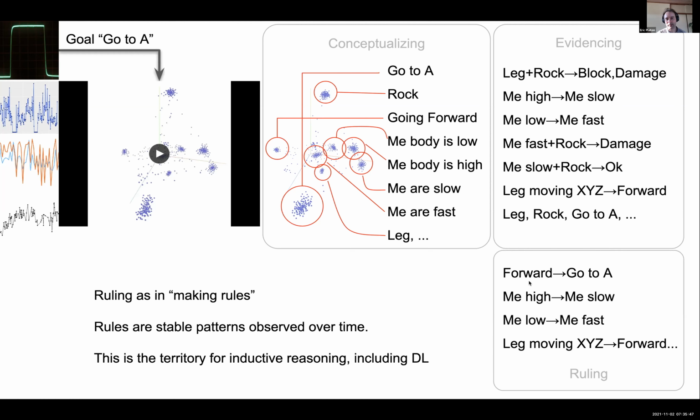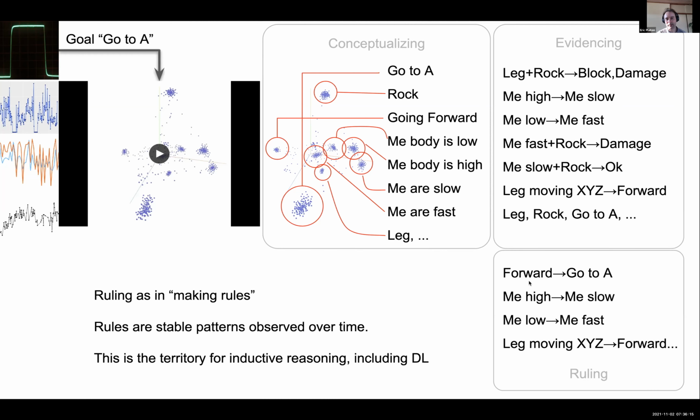It says, I know that if we have such kind of situation, then it's a cat. And if I have this situation, it's not a cat. So this ruling is what most deep learning algorithms are doing. Once we have those rules, they have some stability, something the robot knows in a way.